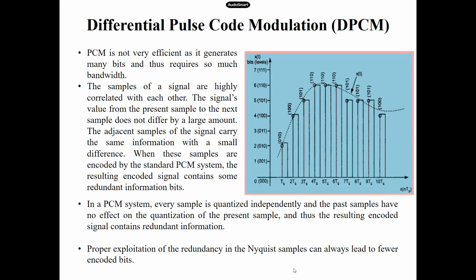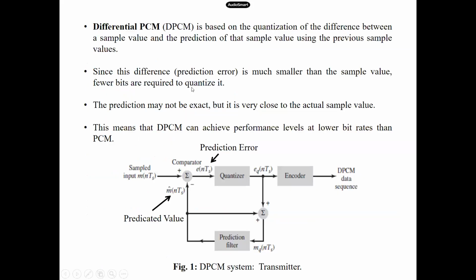So this also does not comply with your Nyquist system. Proper exploitation of redundancy in the Nyquist samples can always lead to fewer encoded bits. That's why we use differential pulse code modulation, in which the past samples are also considered. It is based on the quantization of the difference between a sample value and the prediction of that sample value using the previous sample values.